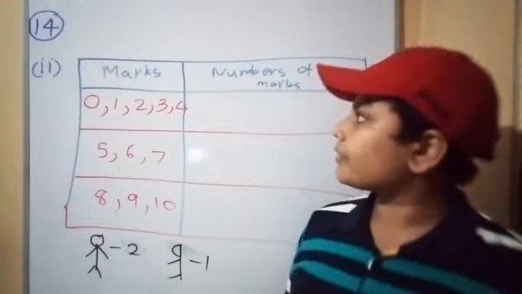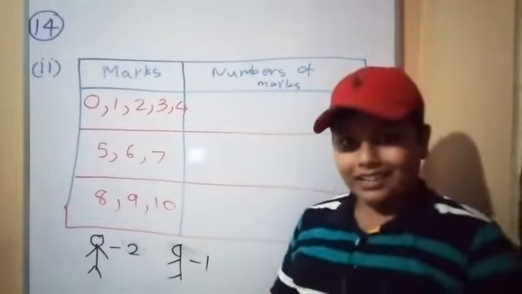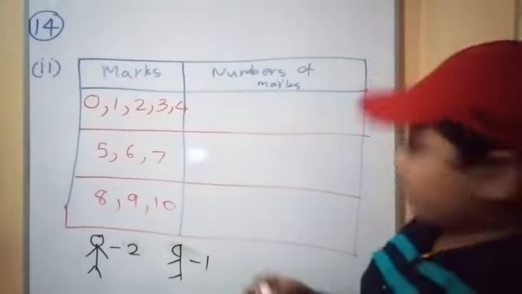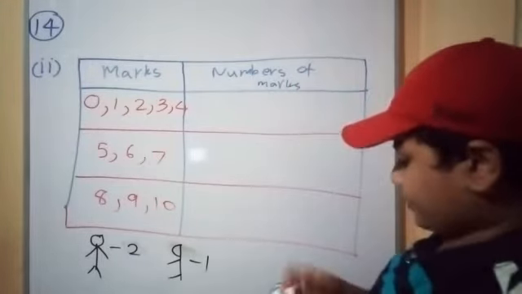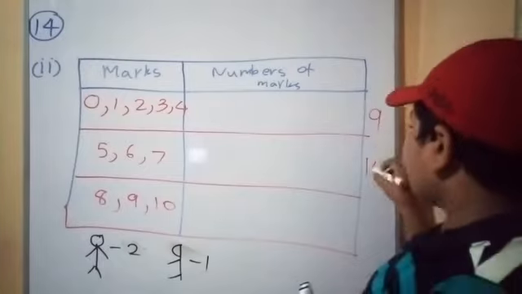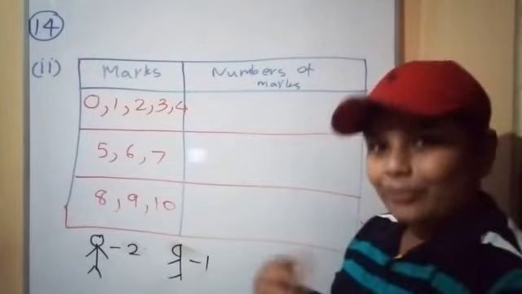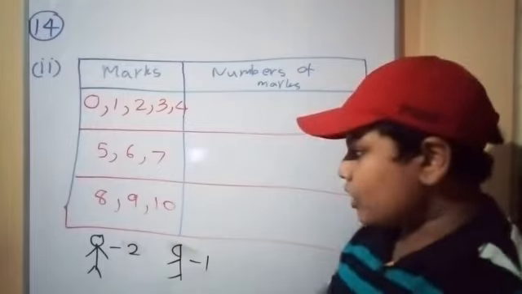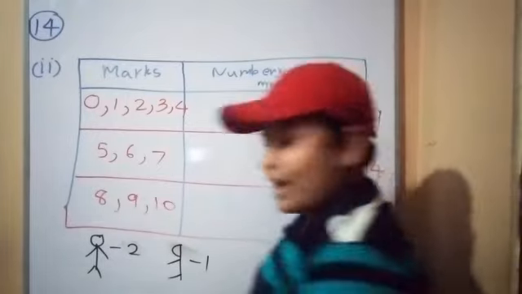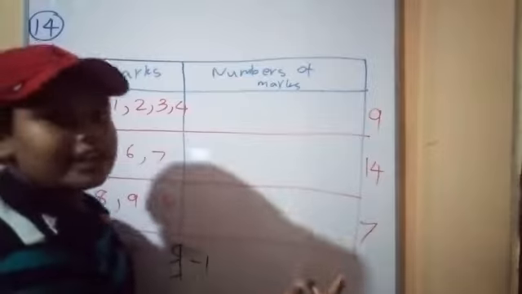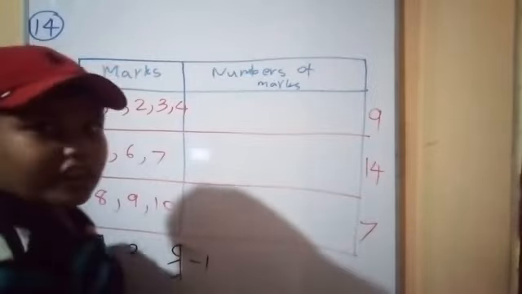And let's include this. Now, you know this is 9, 14, 7. Okay, now let's identify from this picture graph. Now, the full one is the man. Divide 9 by 2, 4 remains 1.